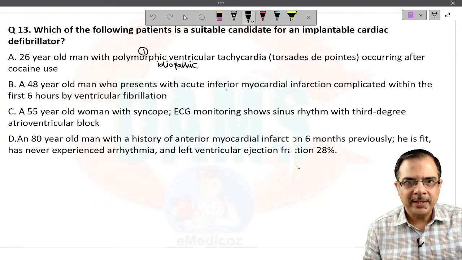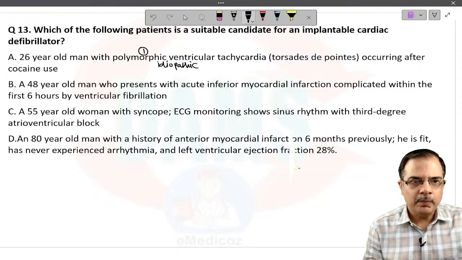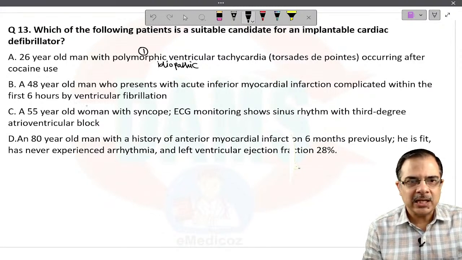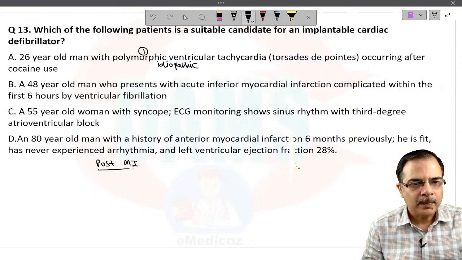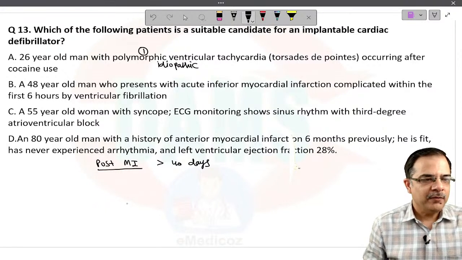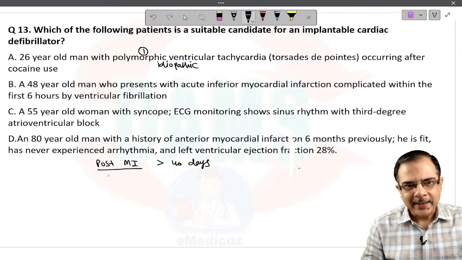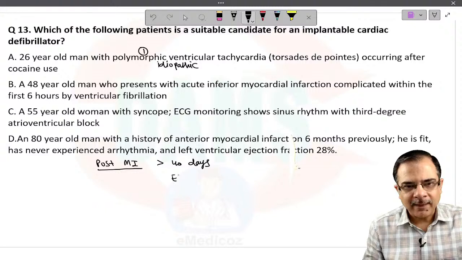A 48-year-old man who presents with acute MI complicated within the first 6 hours by ventricular fibrillation. No, the indication is post MI. Post MI, it is given after 40 days, and the ejection fraction should be less than 35%.